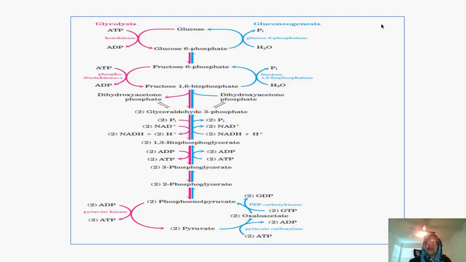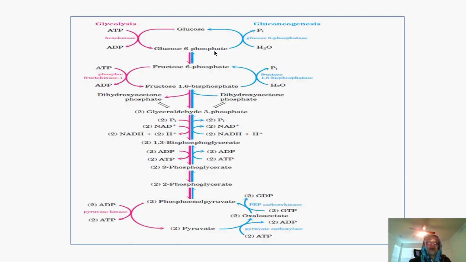Or the cellular requirements. So if the brain needs glucose, then this glucose 6-phosphate will continue to glucose by dephosphorylation, and glucose is a small molecule, so it could be transported to the brain cells and give them the energy that's needed.